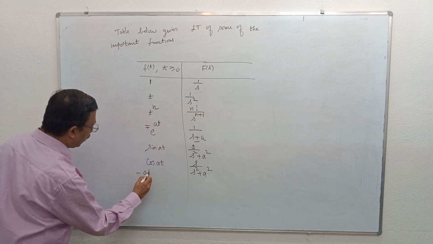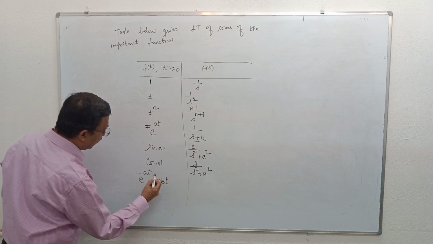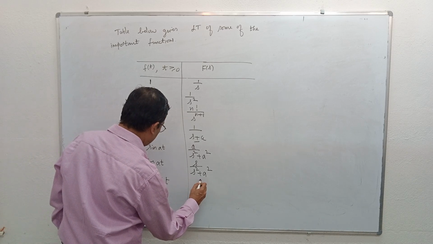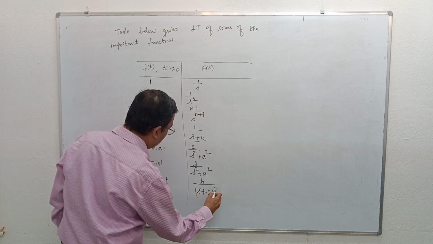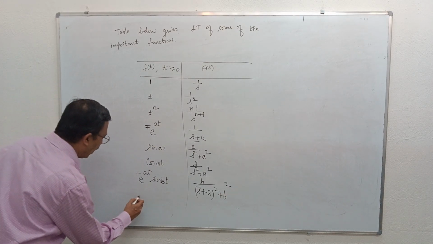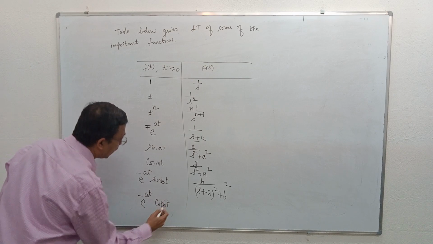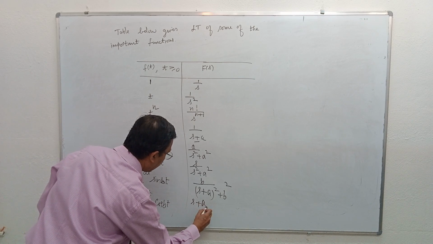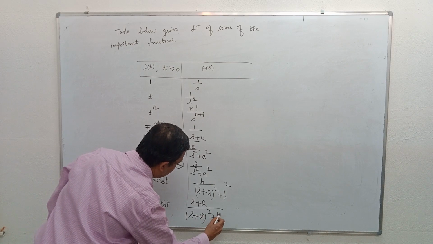Laplace transform of e to the power minus at into sin bt is b divided by s plus a whole square plus b square. Laplace transform of e to the power minus at into cos bt is s plus a divided by s plus a whole square plus b square.